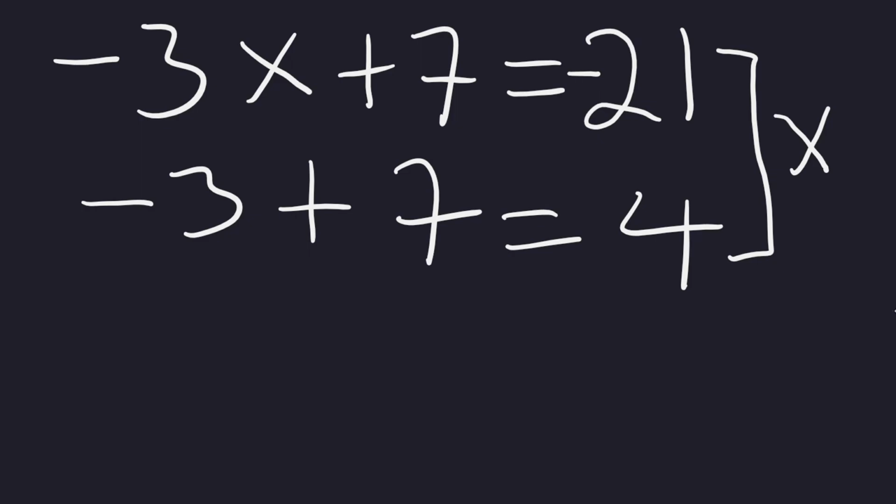We don't want them. So I'm picking the same numbers but different signs. In this case, I'm going to say plus 3 times minus 7.